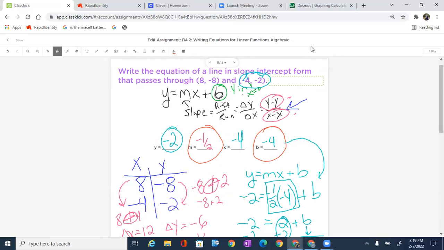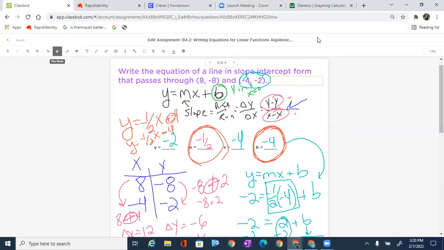So now we can write the equation of a line. y equals m, which is -1/2, x plus b, or plus -4. And that is the same thing as y equals -1/2 x minus 4.